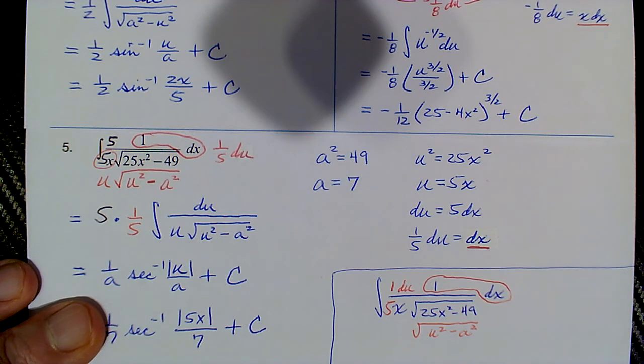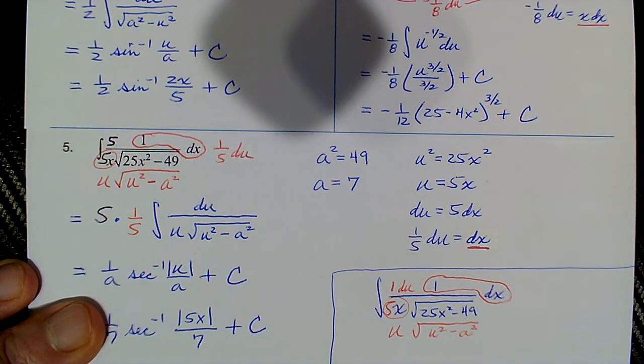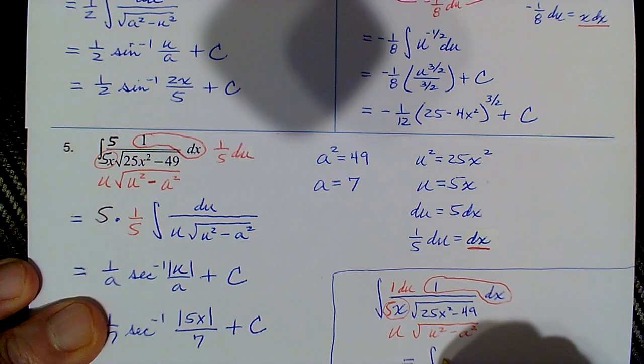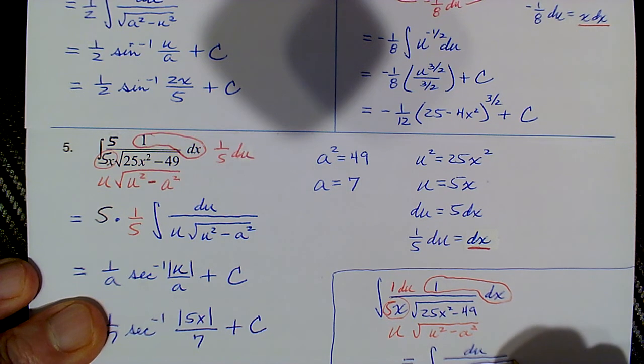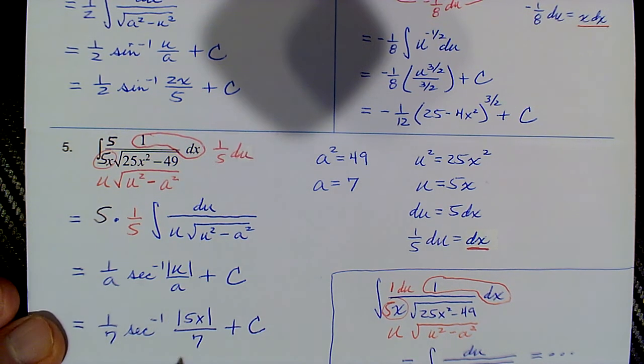So there's 1/5 du, and then this automatically satisfies the u that's out in front. And upon the change of variables, you identically have du over u times the square root of u squared minus a squared. And then you could finish that off the same way that we finished it off here.